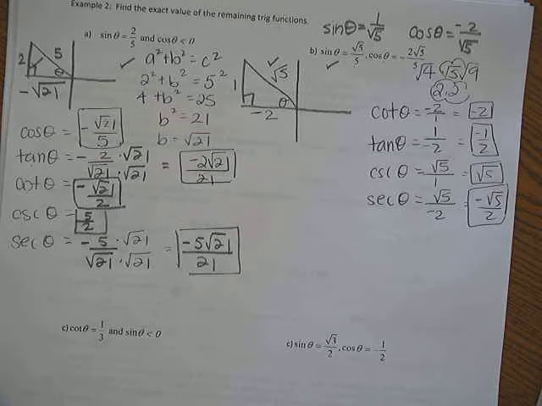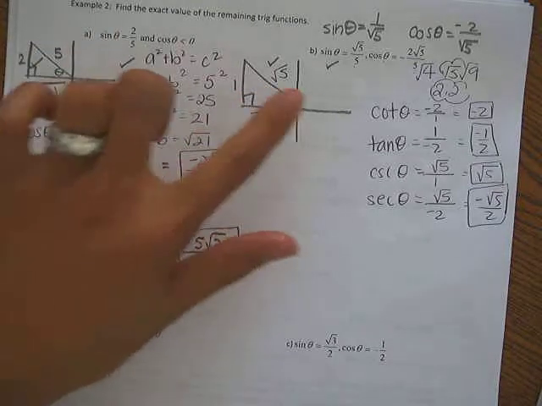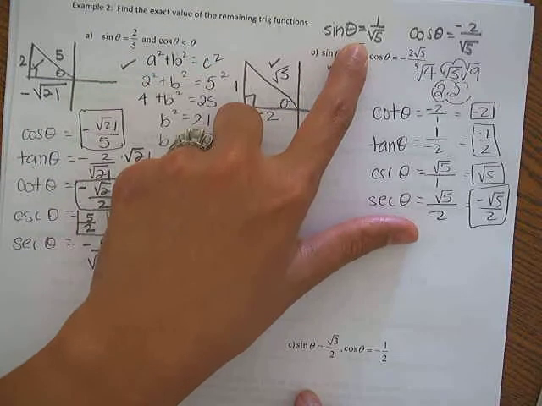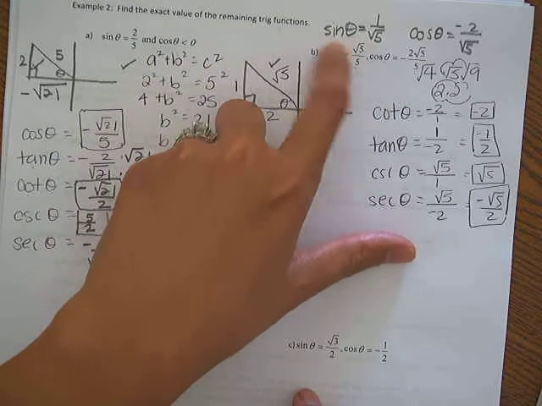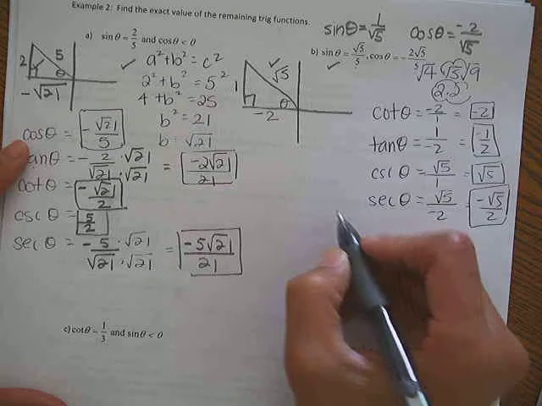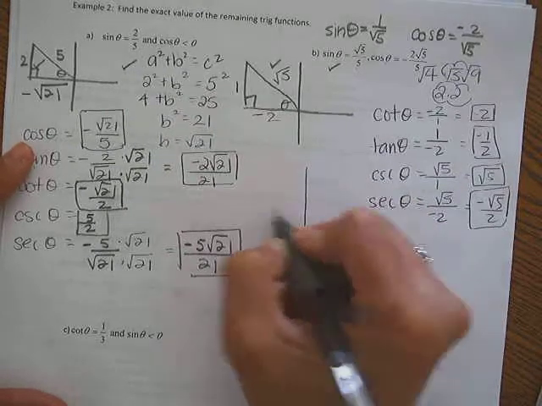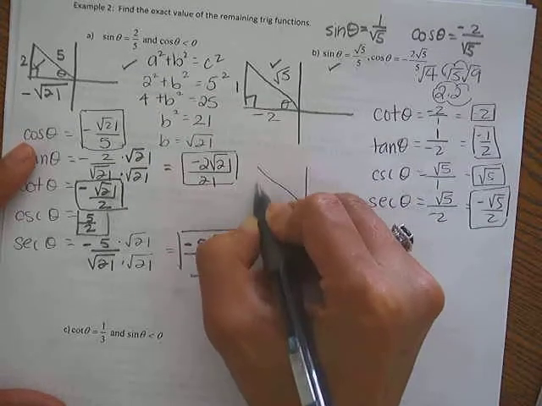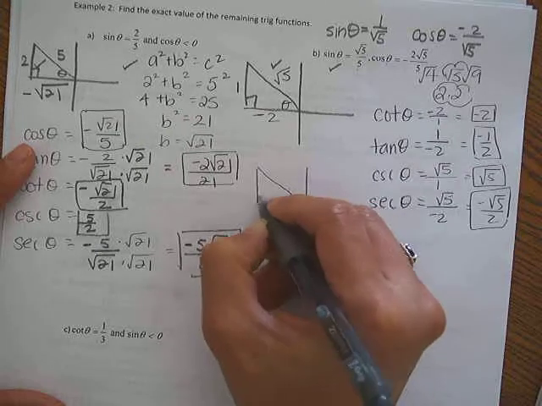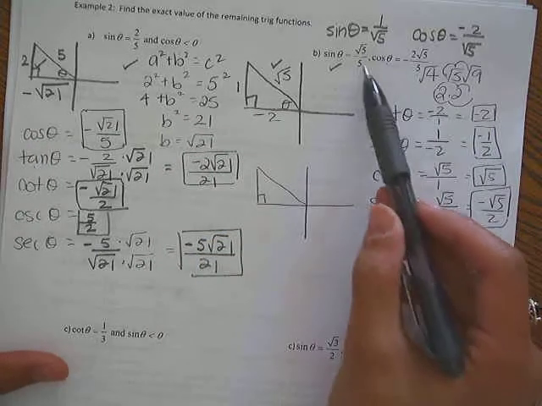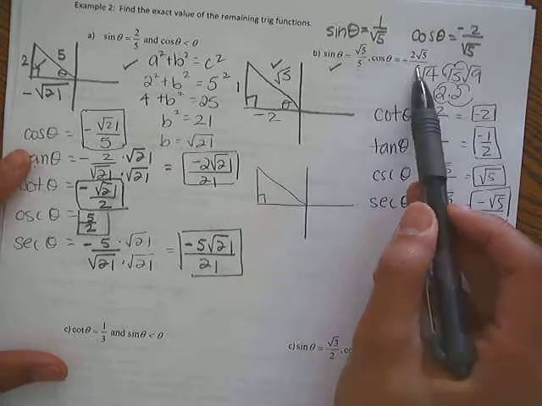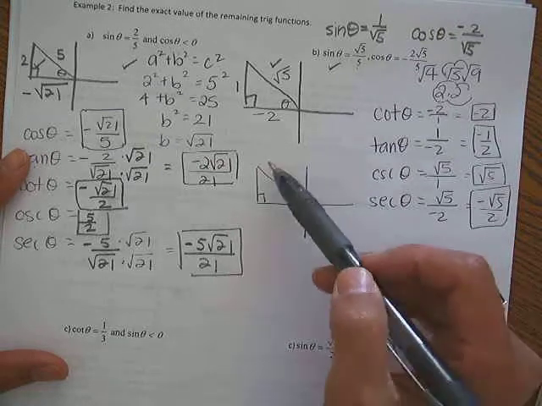Now, let's talk about how you would find the answer if you did not see the pre-simplified version of it. Then you can still write this is x, this is y, this is x, and then find your hypotenuse.